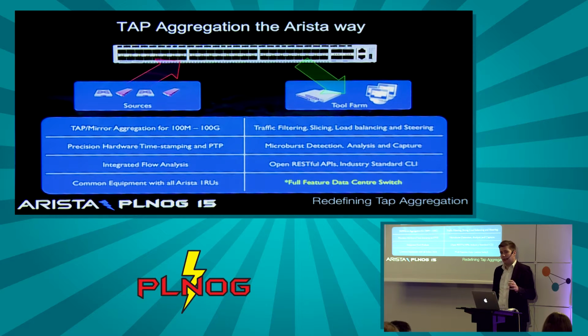That means we can offer packets to monitoring tools in an already quite specific way. Not only that, there's the wide set of APIs and the familiar command line syntax, which means you can manage these devices as you manage your production devices.